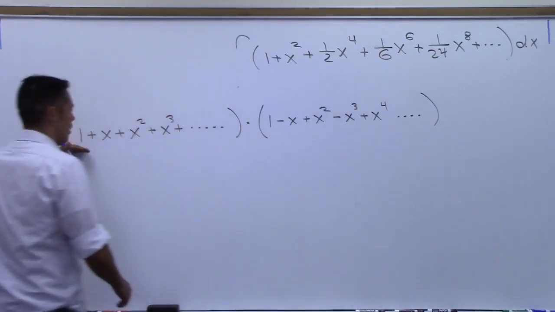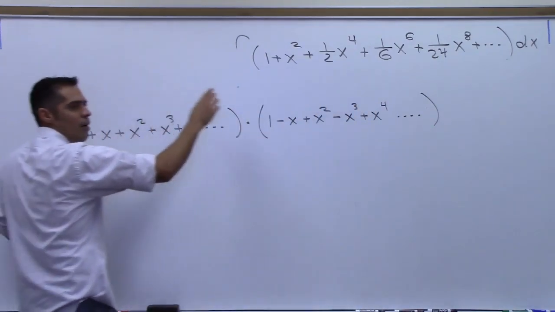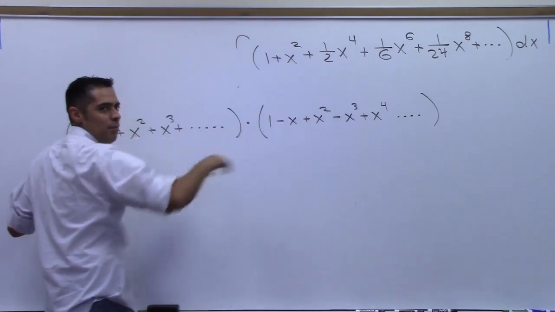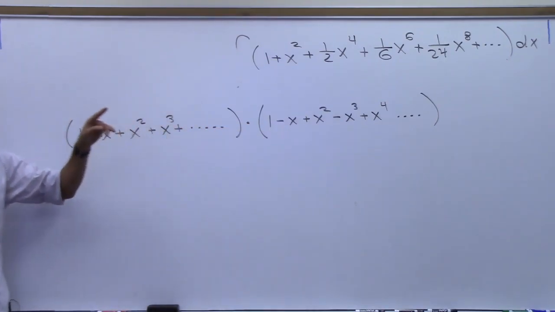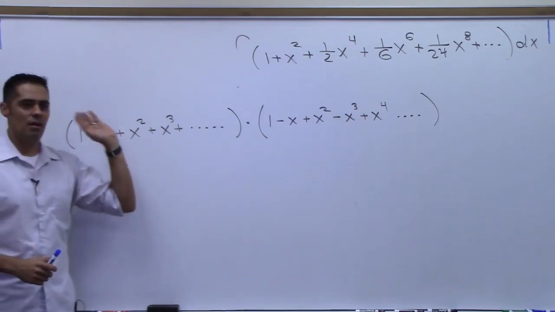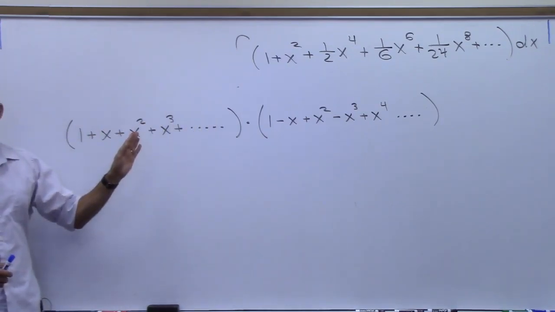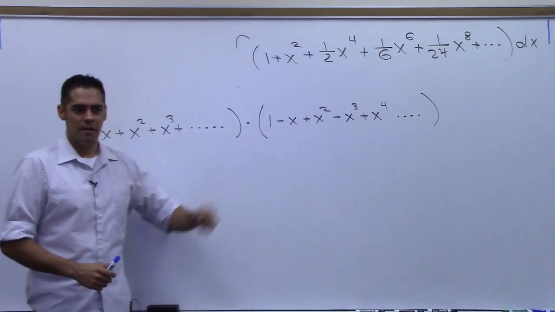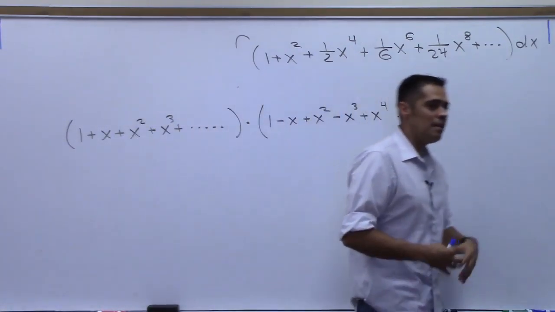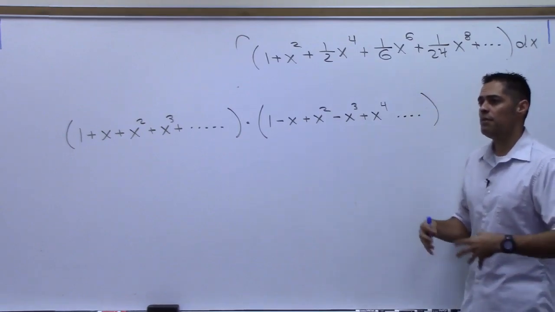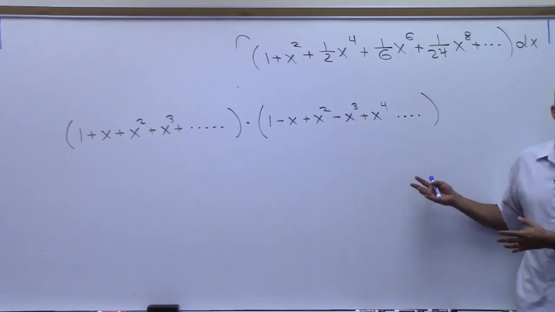Because you have to start with 1 times all of those, plus x times all of those, x squared times all of those, and you keep going forever, right? And even though we can't actually get an answer, we can look at what the first few terms might look like.